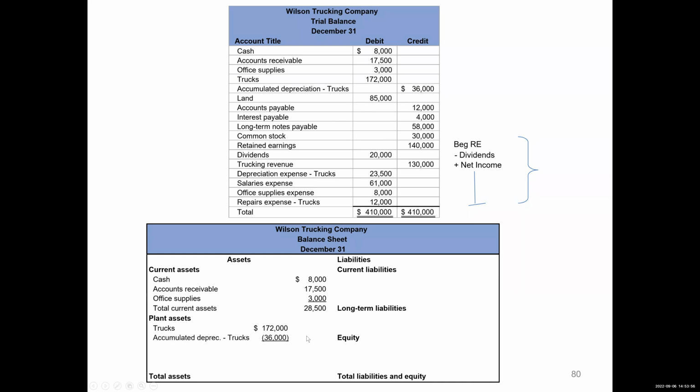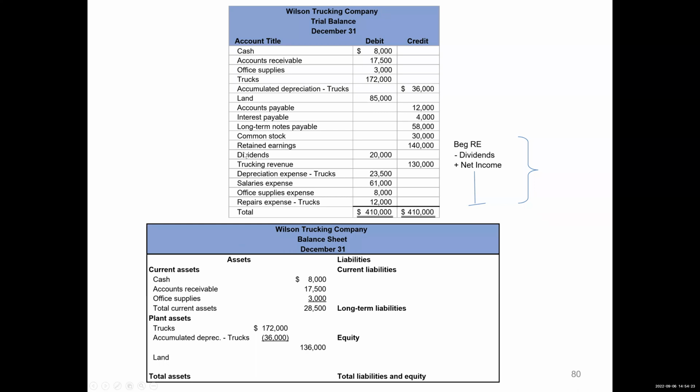Notice that we use the inner column, right, because we want to get our book value to bring it over to the most right column here. So 172 minus the contra asset accumulated depreciation, so we minus 36. Our book value is 136,000.